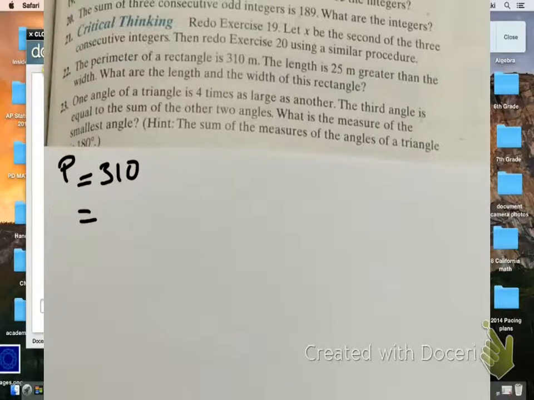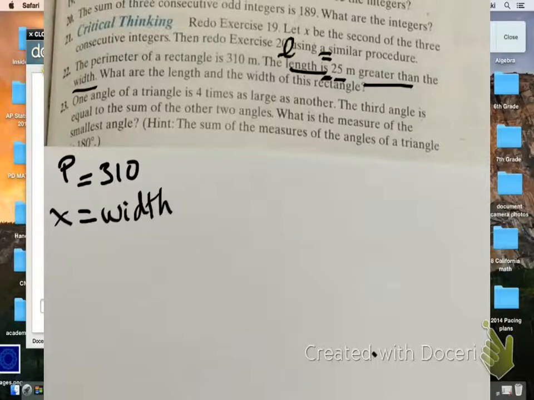actually I'm going to call our width, sorry, I had to switch colors. We're going to call our width x. And because they give us this translation here, length is 25 greater than width. So that would mean that 25 is my equal sign.